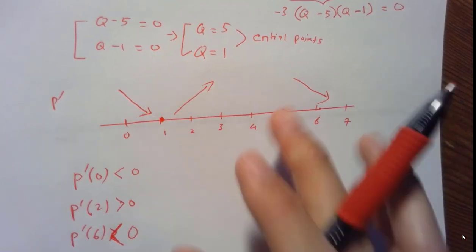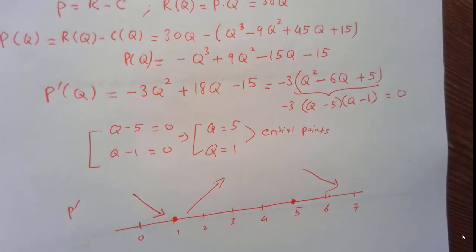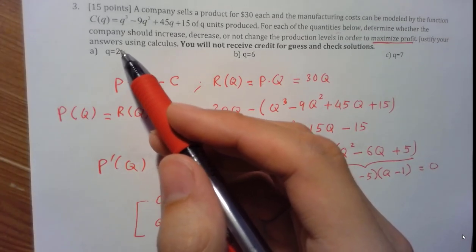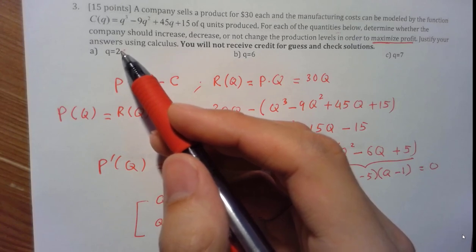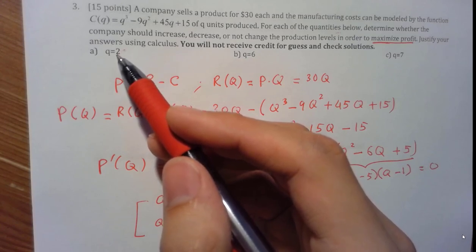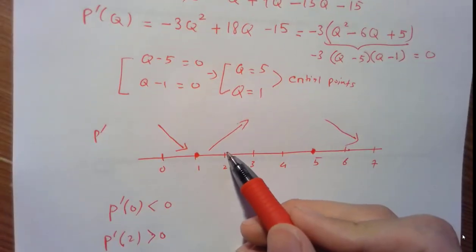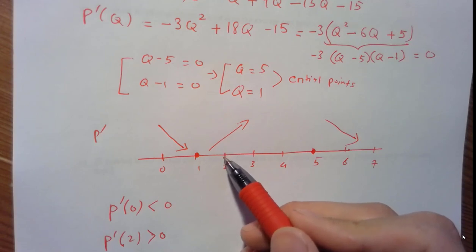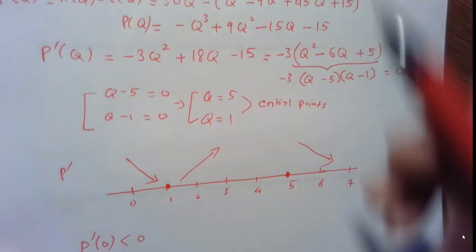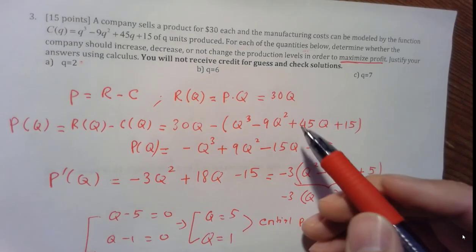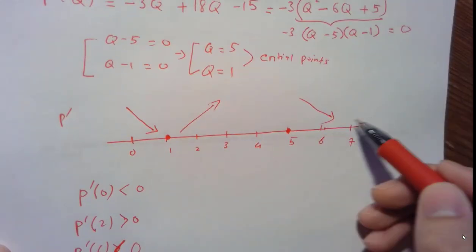Q equal to 2 is around here, and Q equal to 6 is all the way here, and Q equal to 7 is also all the way on the right side.